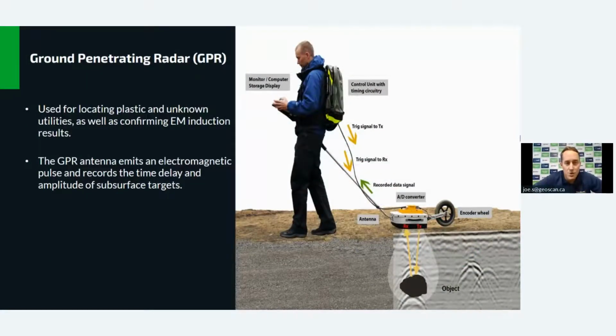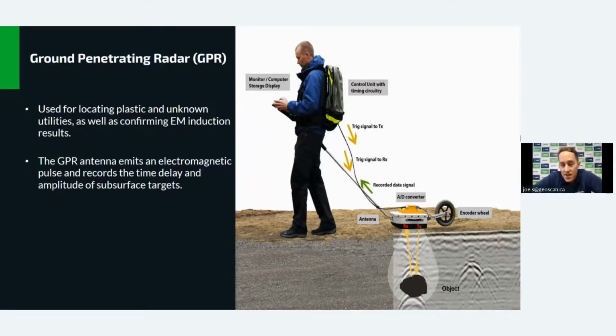So I'll talk about ground penetrating radar now. GPR is a geophysical technology that effectively images the subsurface a bit like an ultrasound. And much like an ultrasound, again, it relies on the skill, knowledge, and experience of the technician to interpret that data. So principally, the radar works by emitting radar pulses into the ground.